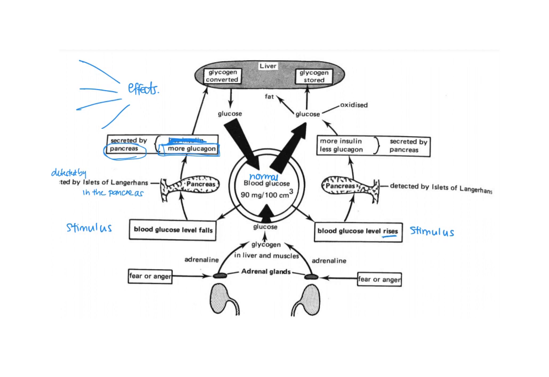If it rises, detected by islets of Langerhans in the pancreas, then after that, more insulin will be secreted by the pancreas. And then again, you have all the effects. The effects are supposed to reverse this situation here, so that you go back to the norm again.